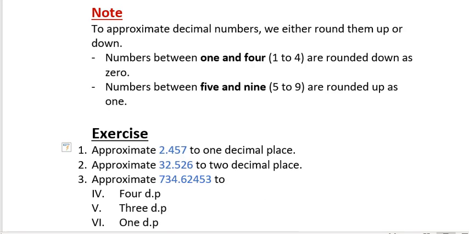According to the notes, to approximate decimal numbers, we either round them up or round them down. Numbers between 1 and 4 are rounded down as 0.